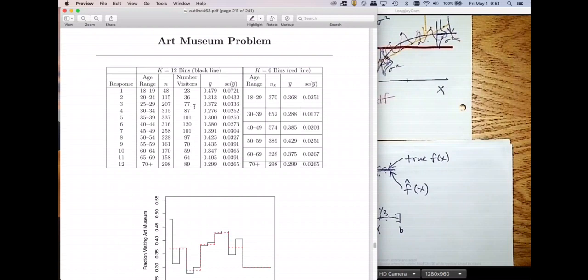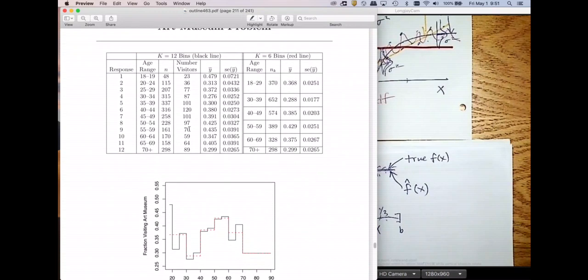Then we asked, how many times have you been to an art museum in the past year? And so that is going to be 0, 1. Did you visit an art museum in the previous year? So I have the number of people in each bin and the number of visitors. If I take the number of visitors divided by the number of people in the bin, I get Y bar, which is really the percentage of people who've been to the art museum.